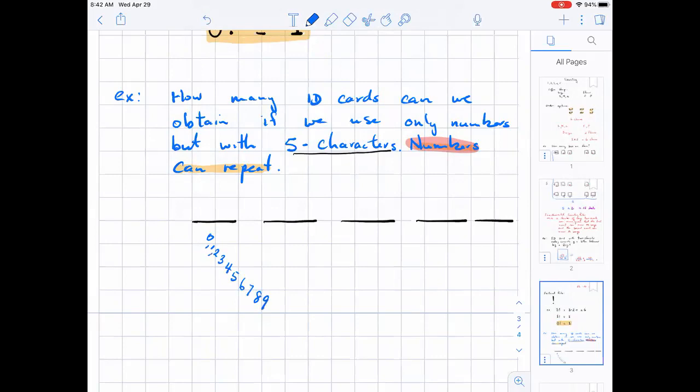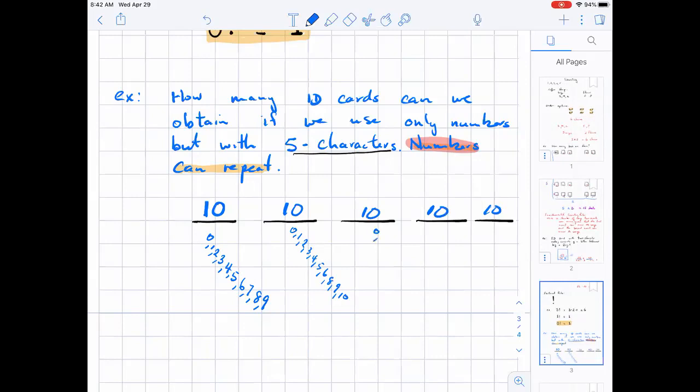Each one of these is a choice you can pick when you create your ID card. So you have a total of 10 choices here. Now, because we say numbers can repeat, once again you have 10 choices here, and the same will happen here, and here, and here.